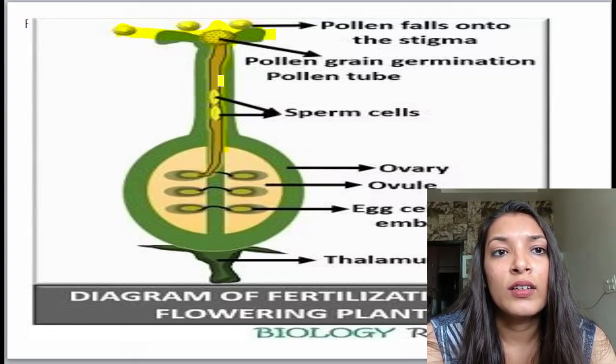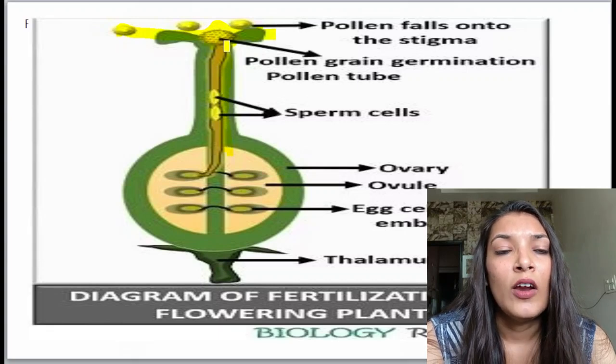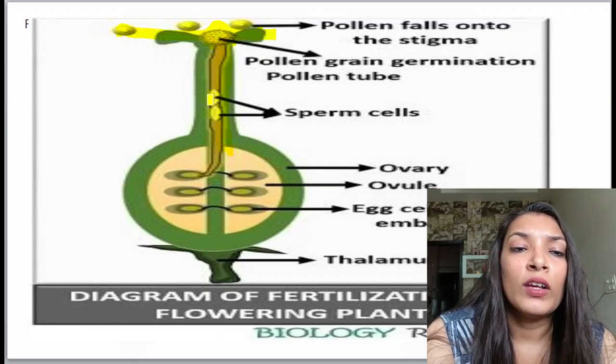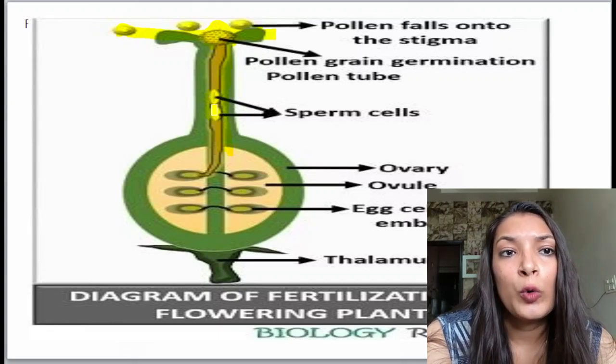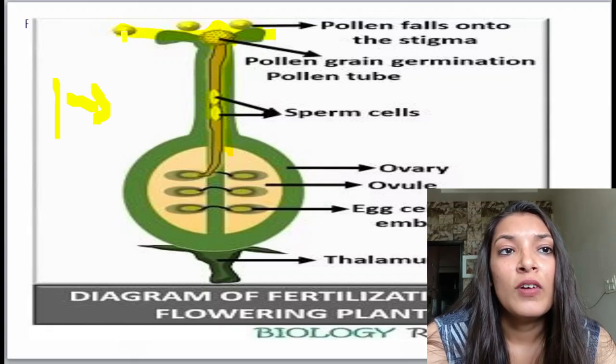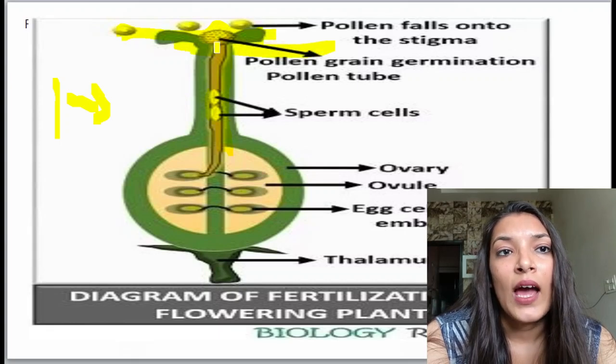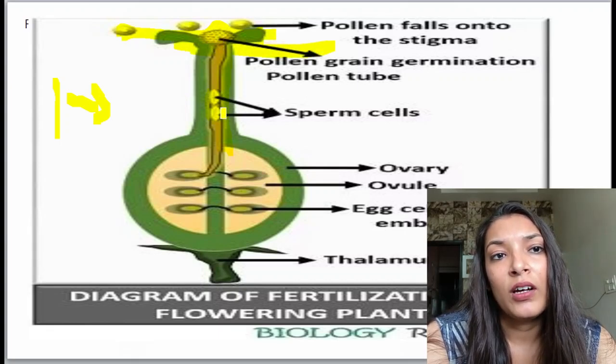You can observe that this pollen tube is being made. It is germinating and carrying 2 male gametes inside it. One pollen carries 2 male gametes. So the pollen lands on the stigma, and from the stigma it develops a pollen tube.